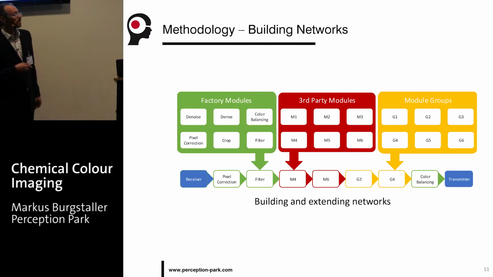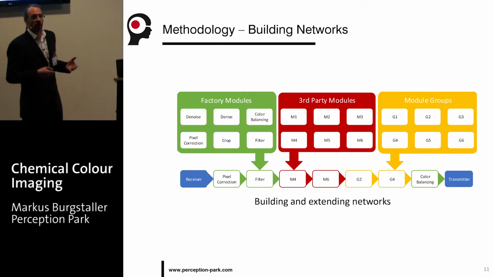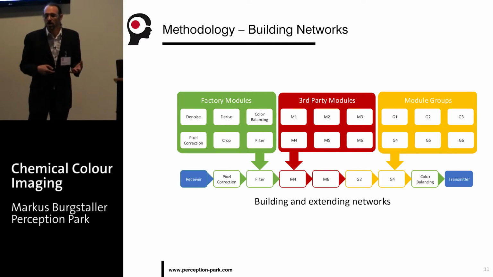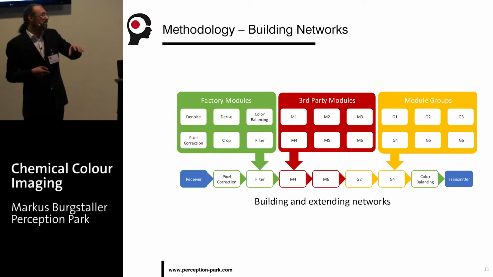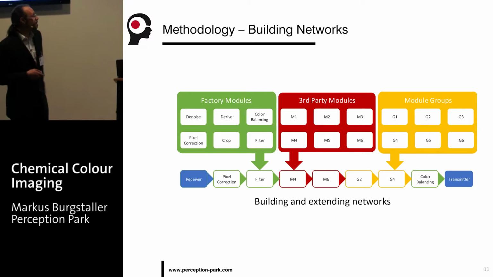If you would like to combine a specific functionality, you can get a module group and fulfill a higher task. That's particularly interesting for third-party developers who have knowledge in data processing and would like to use their functionality as a part in our data processing unit.